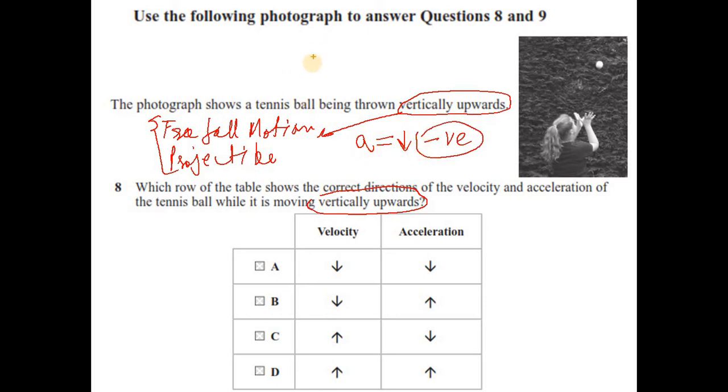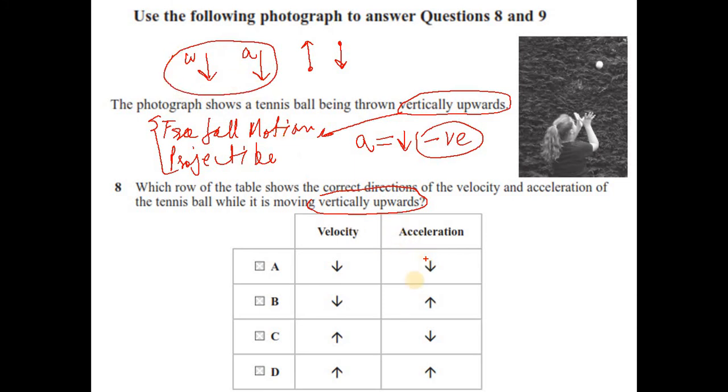When the object is moving up or coming down, in both cases, acceleration always acts downward because of the weight. Acceleration is due to weight and weight is acting down. That's why acceleration always acts downward.